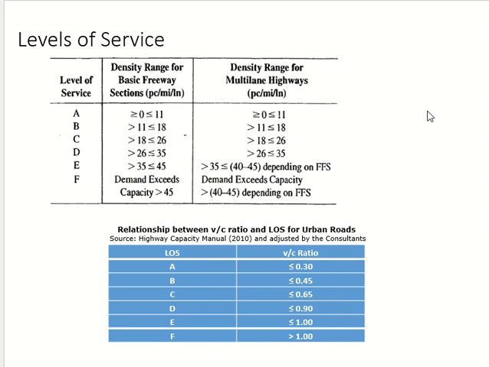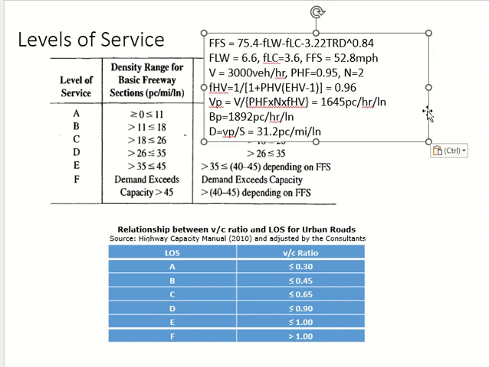Anyways, let's say we took this highway. Now it's in a different region which has rain. So weather is a condition which requires adjustment. Now if you look at the data, first of all we calculated free flow speed. Is there any effect of weather in this equation? No. So this value will not change.